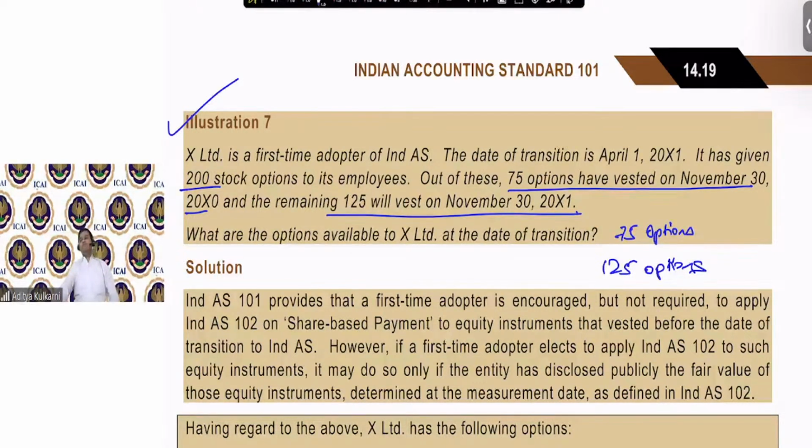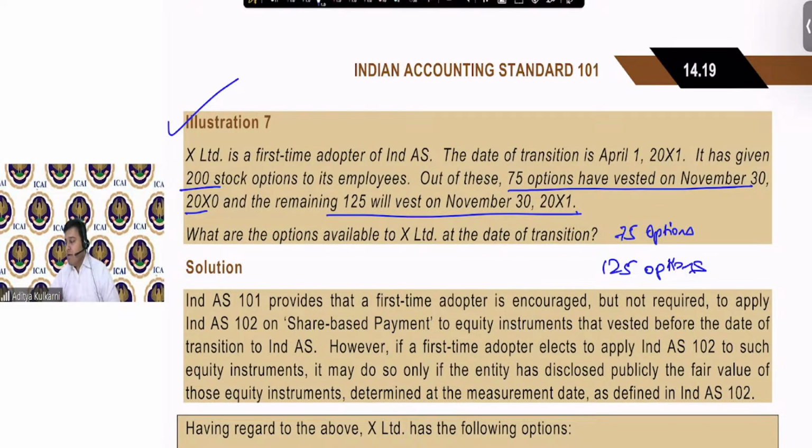Bolo. You tell me the case also, I am fine. I will assume that you will know the treatment.